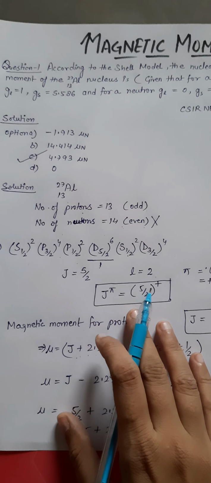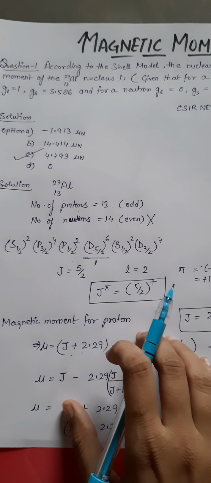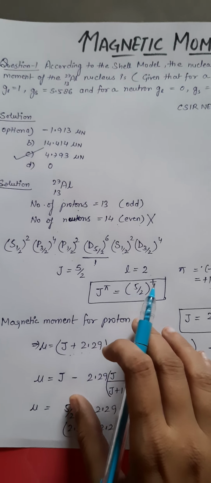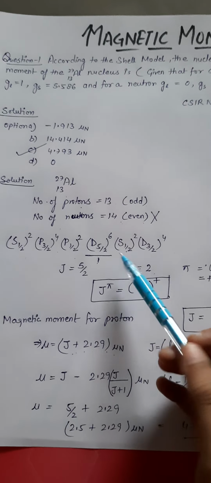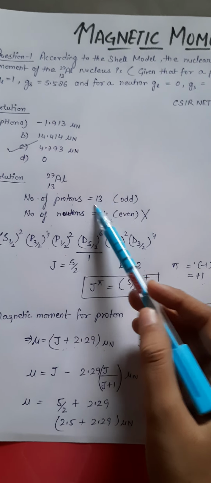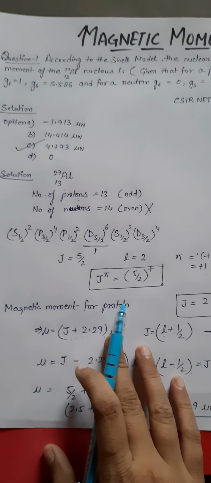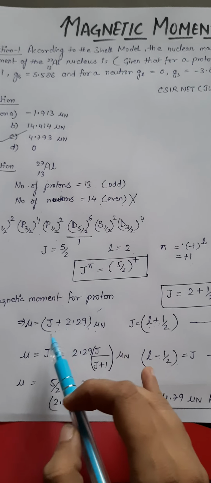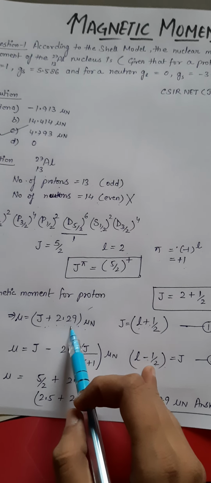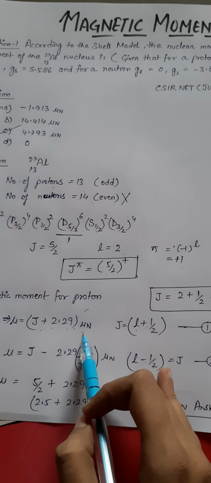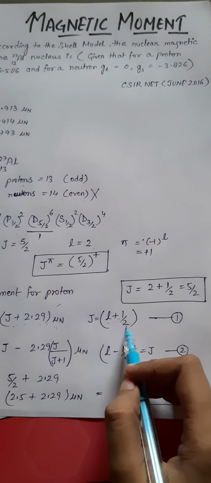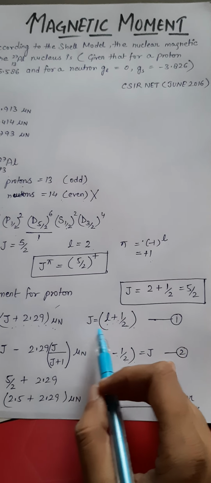The magnetic moment calculation for a proton is different from that for a neutron. Today in our case we are considering the protons. So the magnetic moment for a proton is mu equal to J plus 2.29 mu n, when J follows the L plus half rule, that is J equals L plus half.